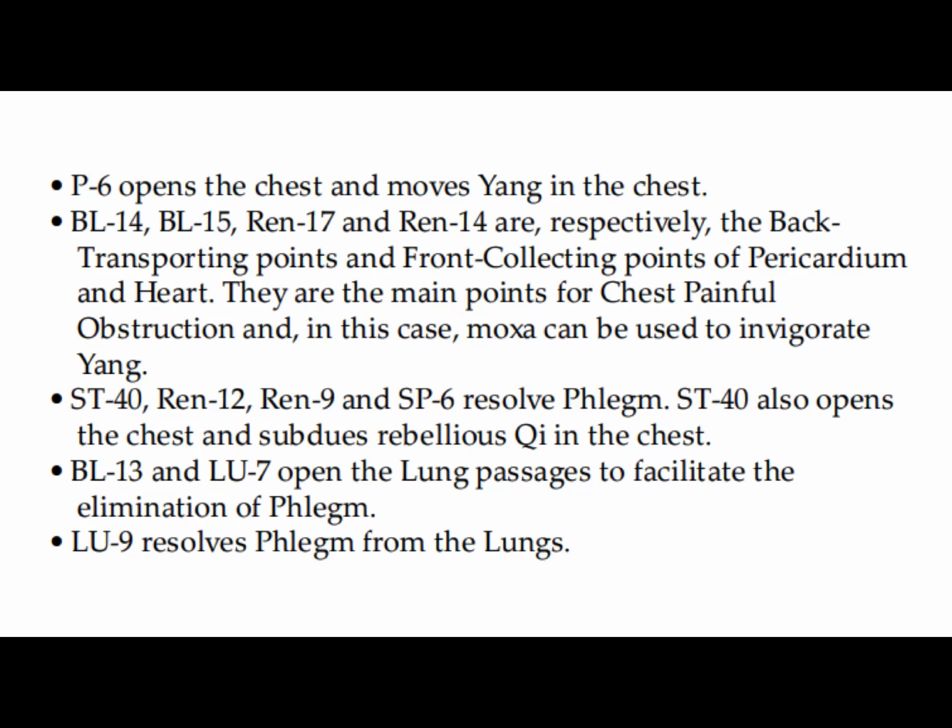Stomach 40, REN 12, REN 9, spleen 6 resolve phlegm. Stomach 40 also opens the chest and subdues rebellious qi in the chest. Bladder 13 and lung 7 open the lung passages to facilitate the elimination of phlegm. Lung 9 resolves phlegm from the lungs.